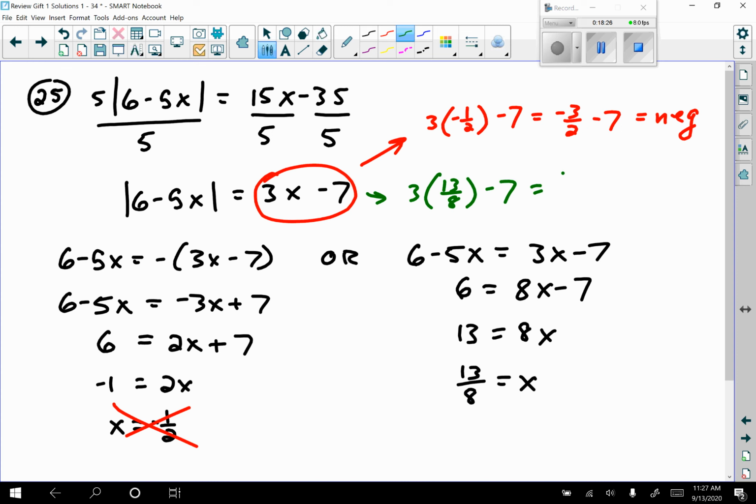This will give me 39/8 minus 7. Now the question is, is 39 divided by 8 larger than 7? Well, think about it. 8 times 5 is 40, so 39 divided by 8 is going to be a little bit less than 5, which even if we did have 5, 5 minus 7 is still a negative answer, so I can't get a negative over here. So this is out. What that tells me is neither solution worked, so I would have no solution.